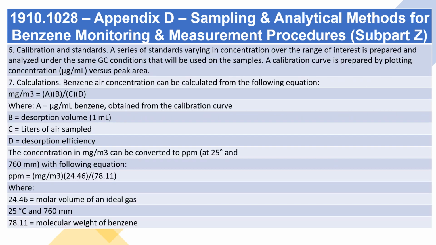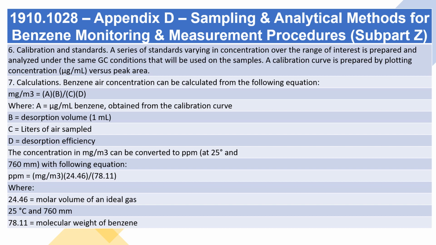6. Calibration and standards. A series of standards varying in concentration over the range of interest is prepared and analyzed under the same GC conditions that will be used on the samples. A calibration curve is prepared by plotting concentration, µg/ml, versus peak area. 7. Calculations.